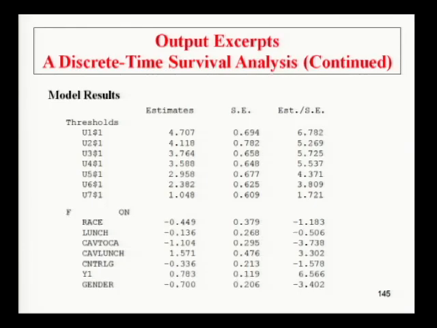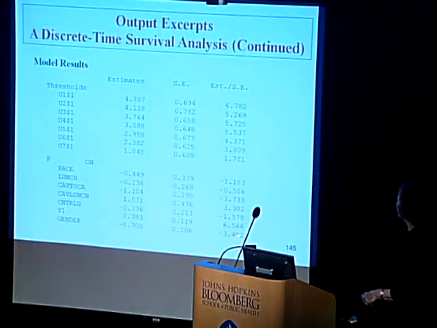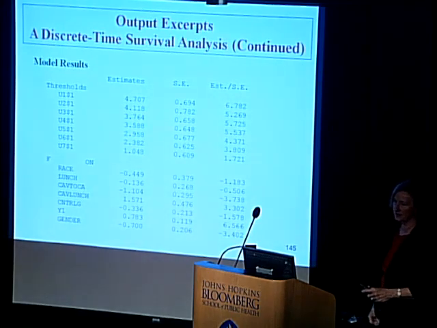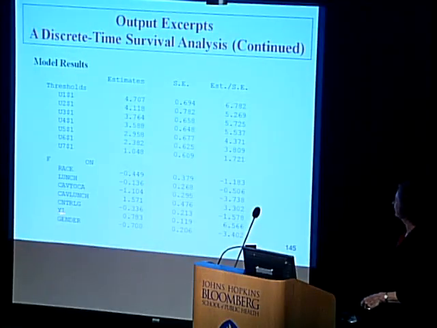We can see that the largest Z value is for Y1, and Y1 is the individual's TOCA score, so their aggressive behavior. And we can see the positive relationship. So as that increases, it's likely that a student will be removed from school.